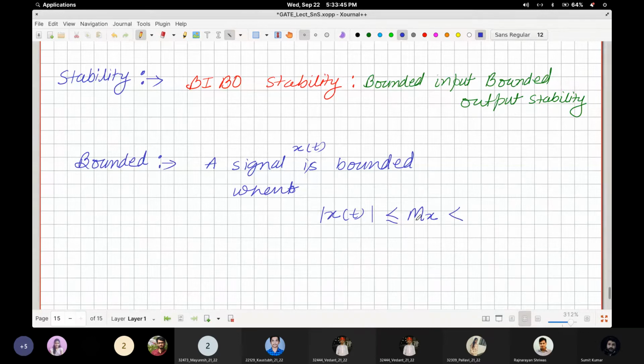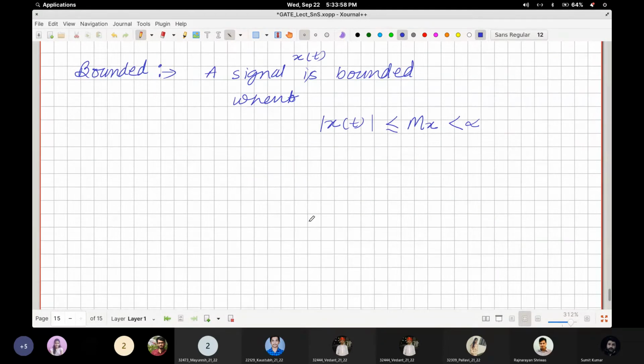It is a finite constant, means it is less than infinity. So we say that a signal is bounded when mod of x(t) is less than M_x, and that is less than infinity. And pictorially, what does this mean?